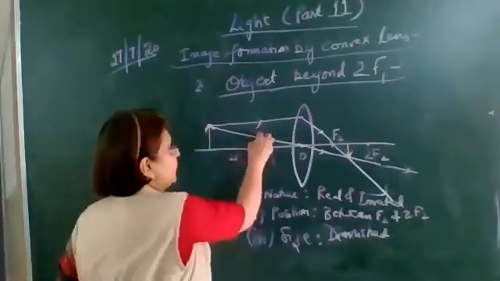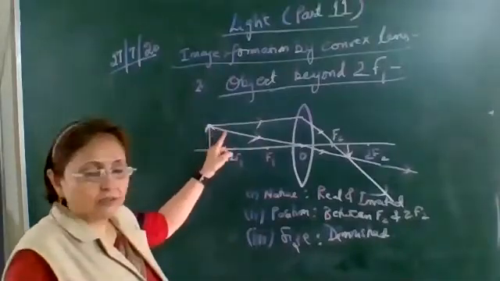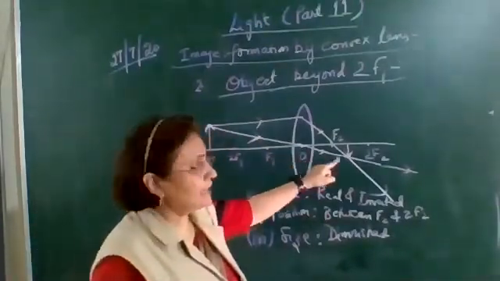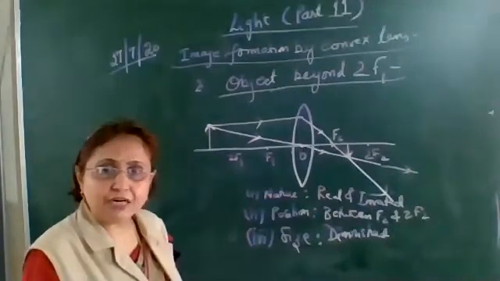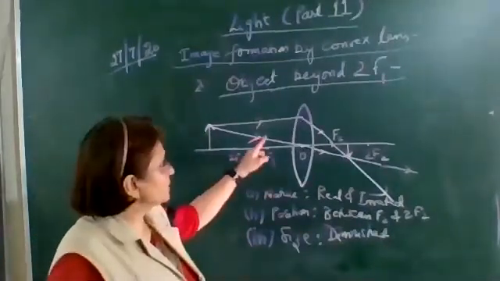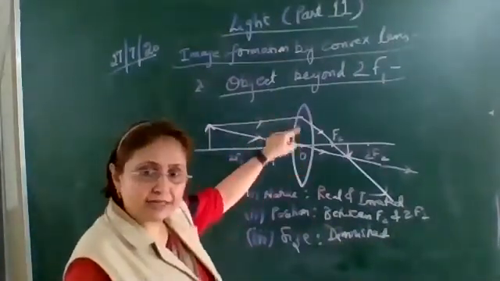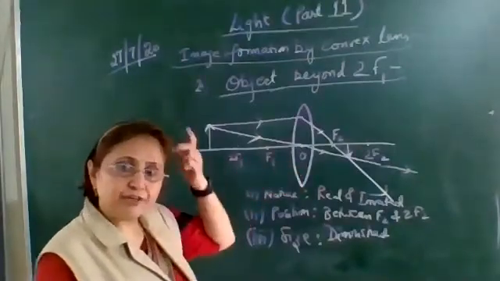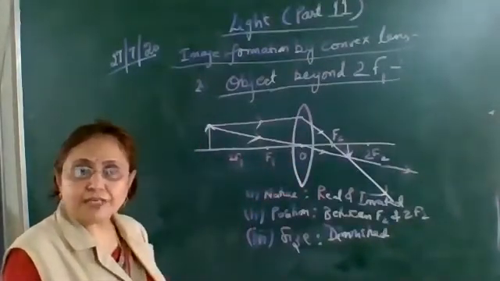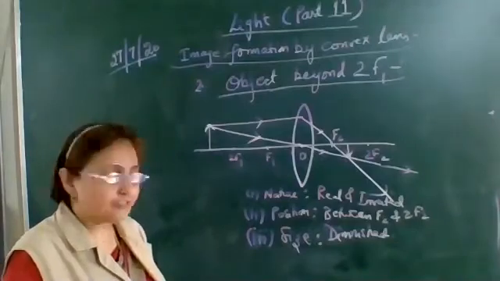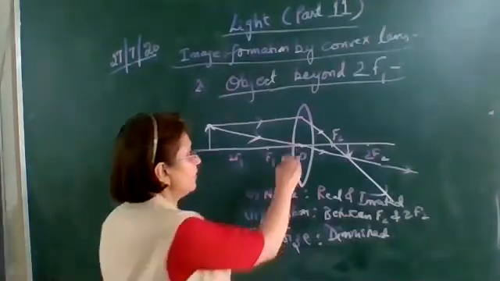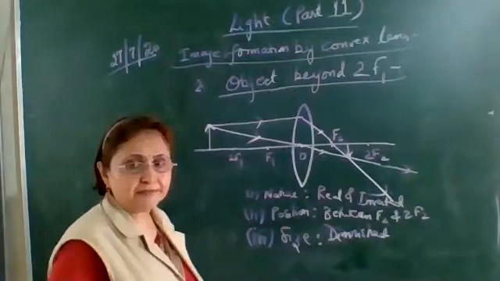The second incident ray, pass it through the optical center, which goes straight without bending. The other rays will bend. Only the ray of light which is passing through the optical center goes undeviated, that is, without bending.